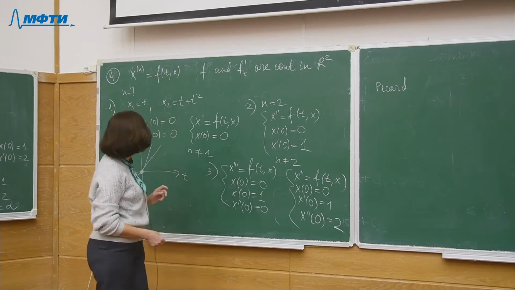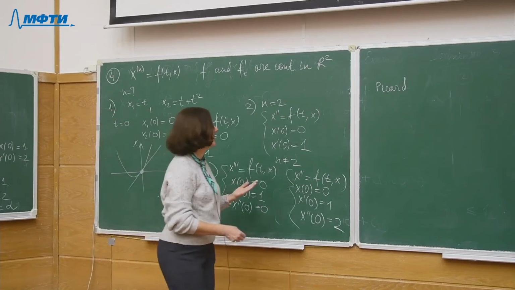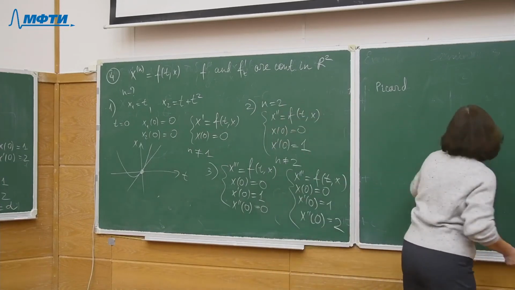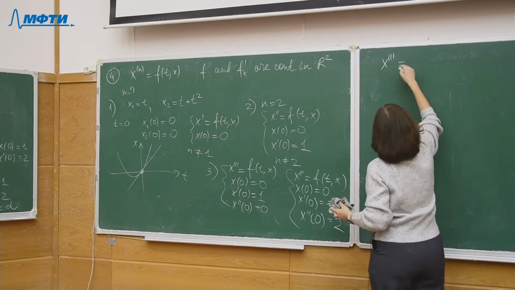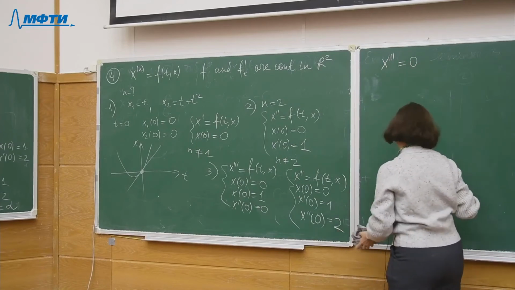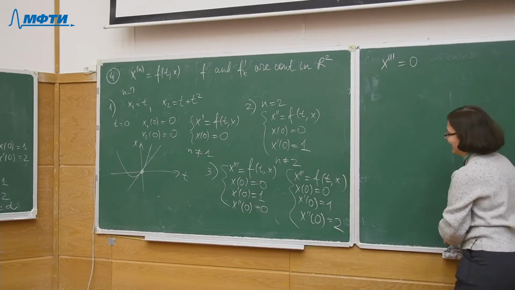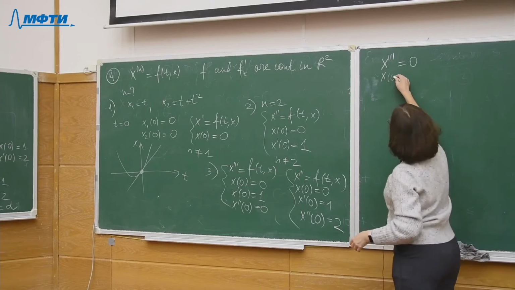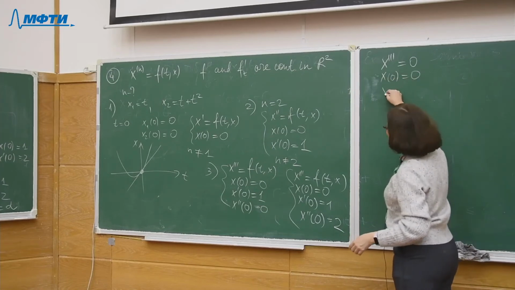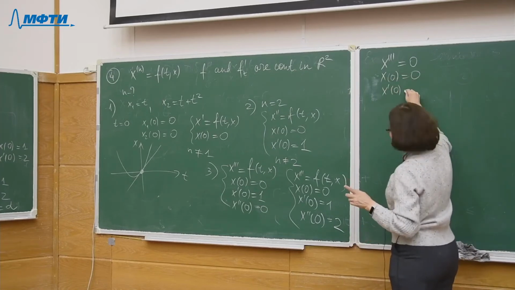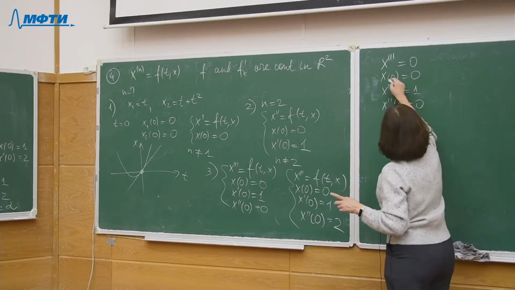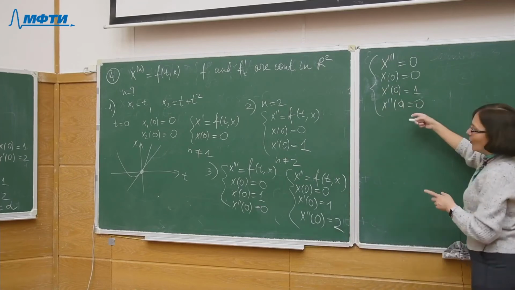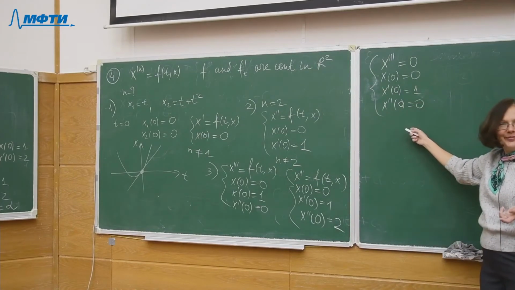x triple prime equals what? So the answer is very, very easy. It must be x triple prime equals 0. Okay, let's try to solve this. Just a moment. x double prime of 0 equals 1. Let's try to solve this initial value problem.